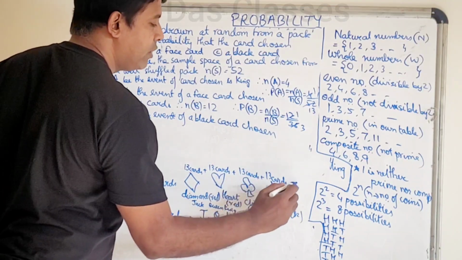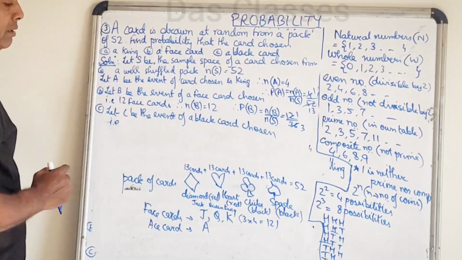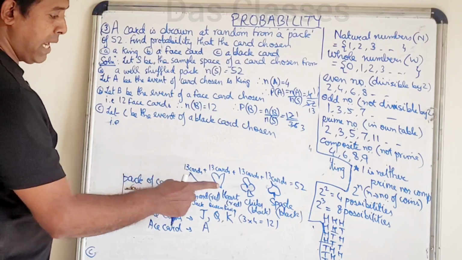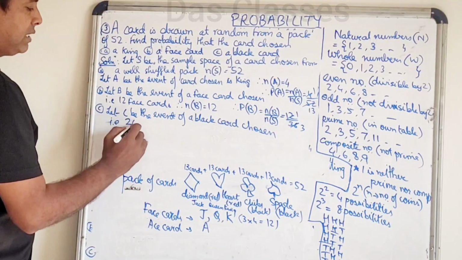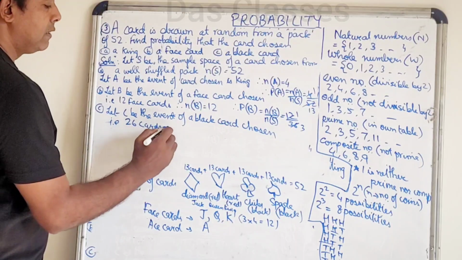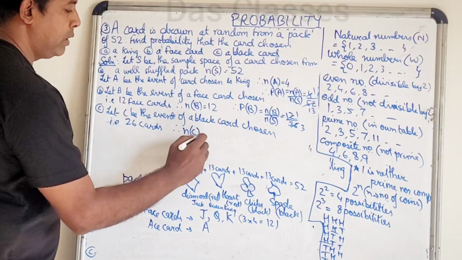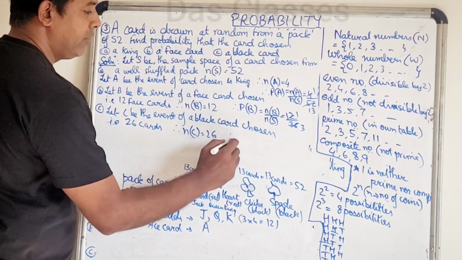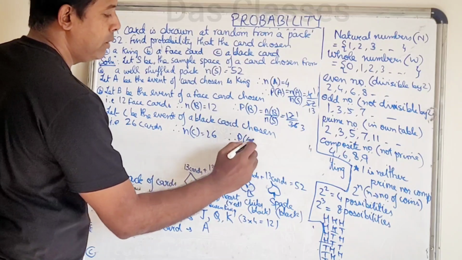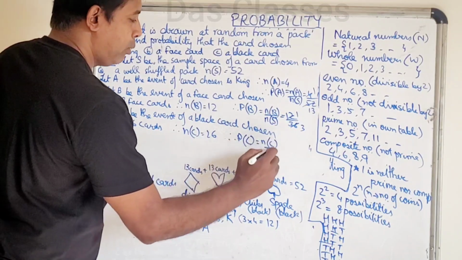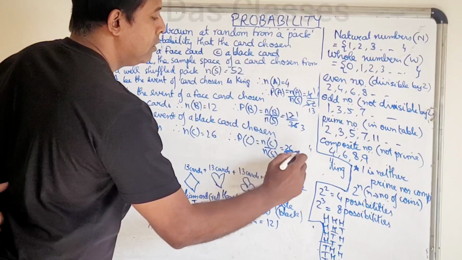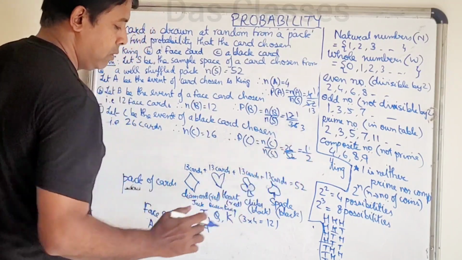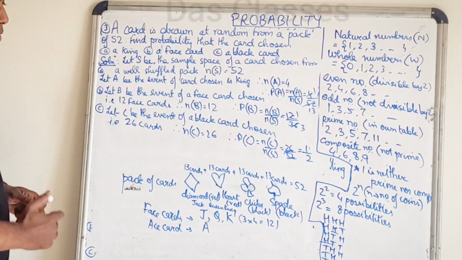So total there are 52 cards in a pack. So black cards are 13 clubs, 13 spade, that is 26 cards. Therefore, NC is going to be equal to 26. Therefore, we need to calculate the probability. So that's going to be NC upon NS. That is going to be 26 upon 52. That will come to 1 upon 2. So that's how it has to be done.